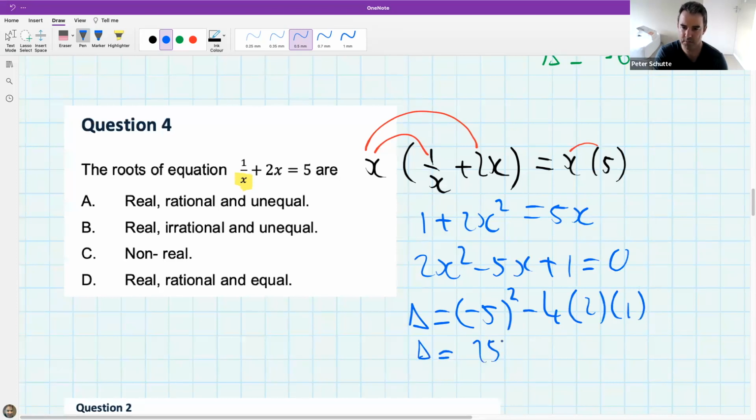So delta should be 25 minus 8, which is 17, which is delta is going to be real. So the roots are going to be real, they're going to be unequal, and they're going to be irrational, which is B.